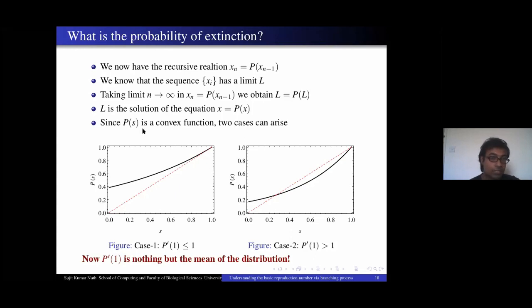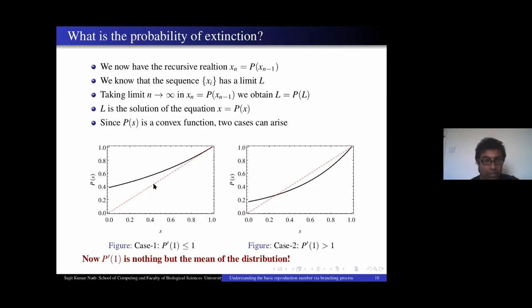And since P(x) is a convex function, two things can happen. Either the function P(s) is totally above this red line, or it intersects at some point before 1 and intersects at 1 as well.